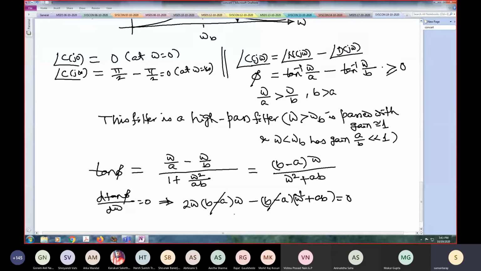So you have twice omega square minus omega square, that is omega square minus AB is equal to 0. Omega, this is break frequency, turns out to be square root AB.